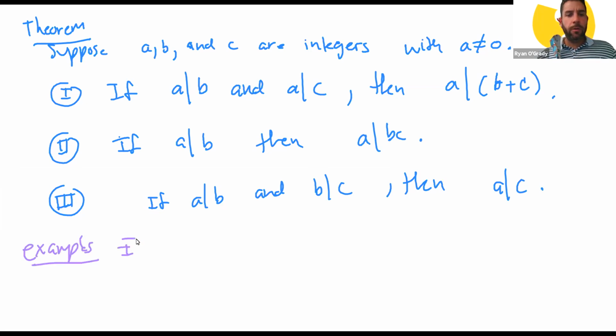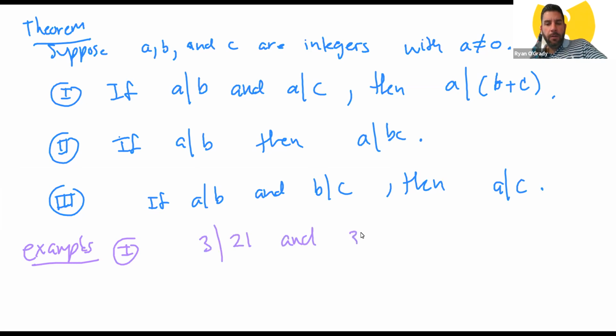So the first one, take, for example, 3 divides 21 and 3 divides 15. So 3 divides its sum, which is 21 plus 15, which is 36.